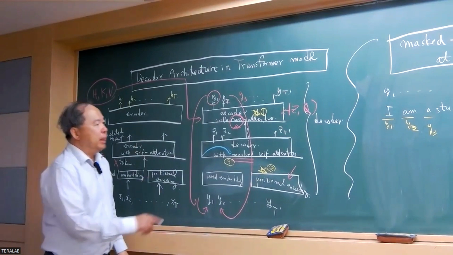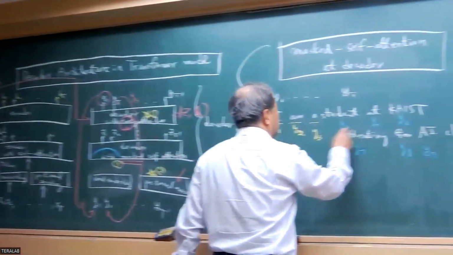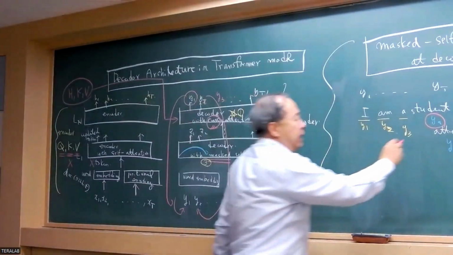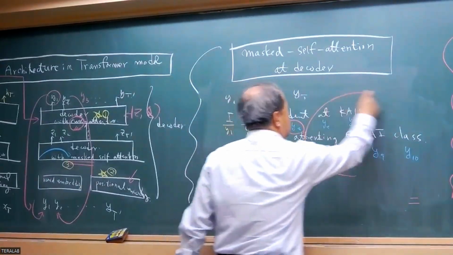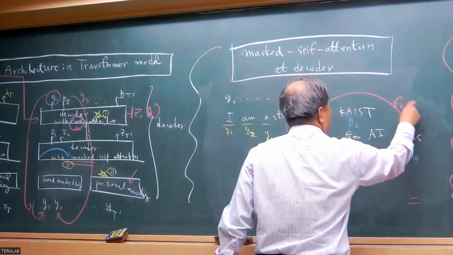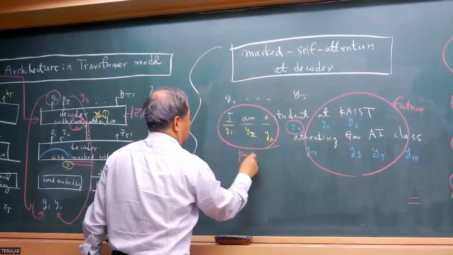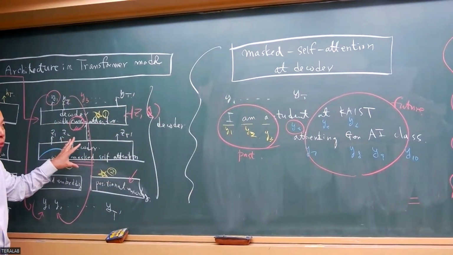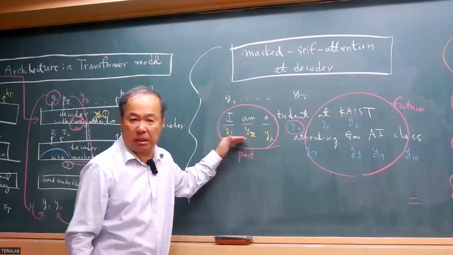Now, when the decoder is producing y4, it doesn't know anything about y5, y6 to y10. This is the future. This is the past. When the decoder is producing the outcome sequentially, it has to look at only the past.